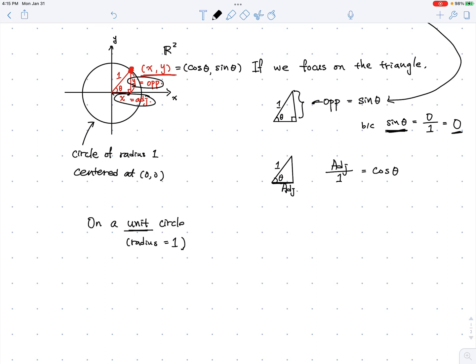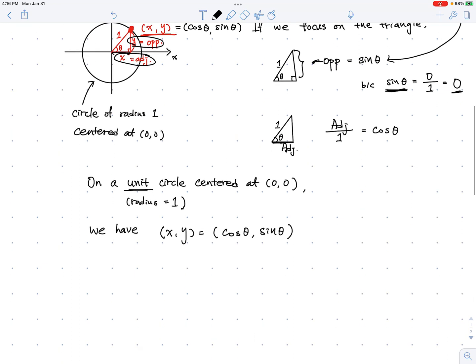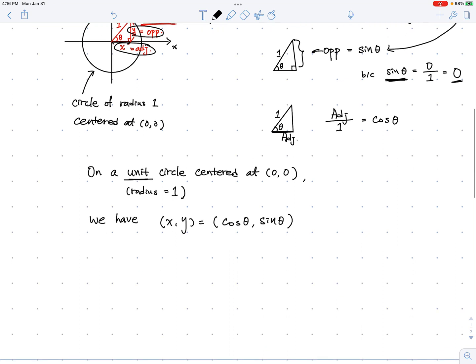On a unit circle, and I want it to be centered at the origin, we have (x, y) equals (cosine theta, sine theta). Okay, knowing the angle theta will be able to tell you the coordinates of the point on the unit circle.